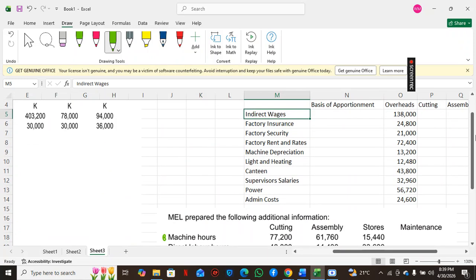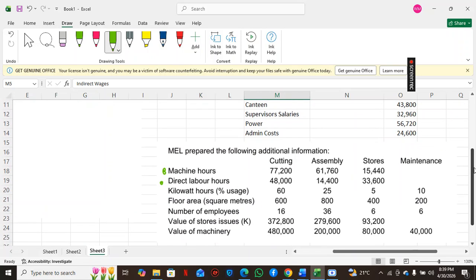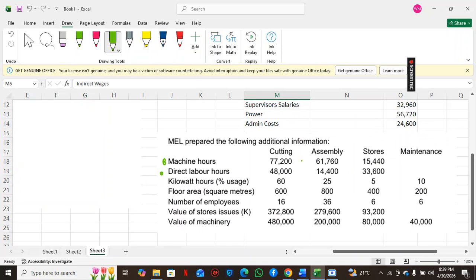There is no logical link. Direct labor hours also mostly deal with direct labor, not indirect labor. Kilowatt hours, also no logical connection between kilowatt hours and indirect labor.